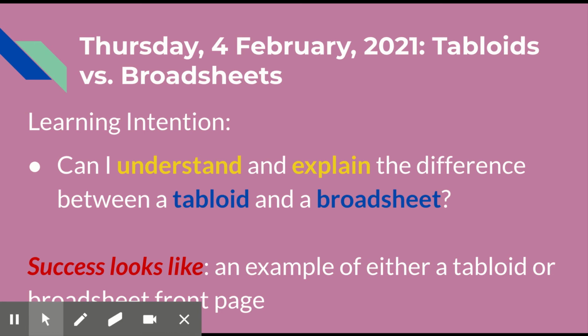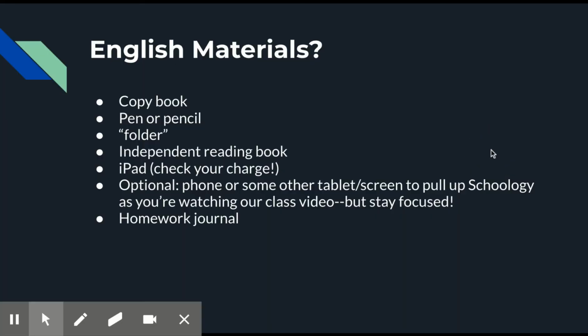Remember, we're going to have copybook checks at a later point, so make sure that you're writing this down. And remember, the colorful words are the most important, right? You've got to be able to understand and explain those 2 terms, a tabloid or a broadsheet. And success is going to look like your homework, being able to do your homework well.